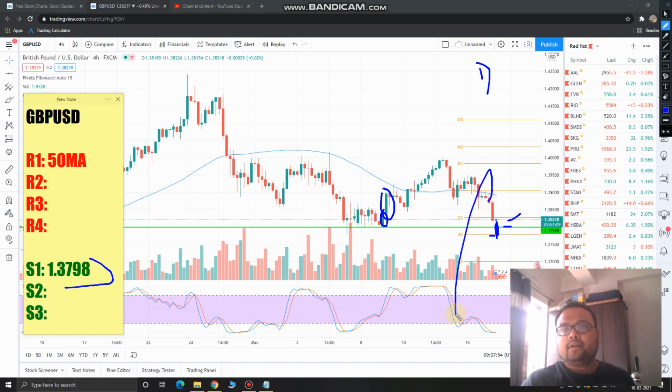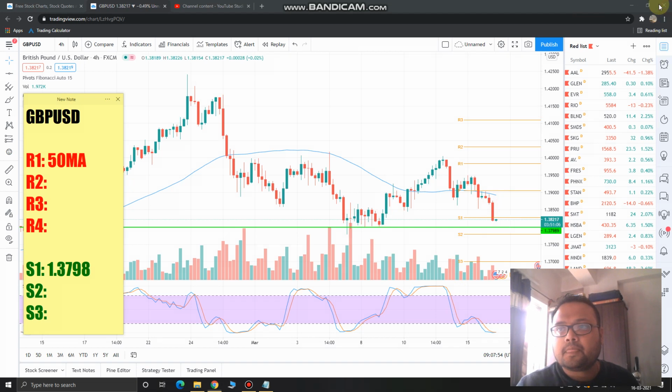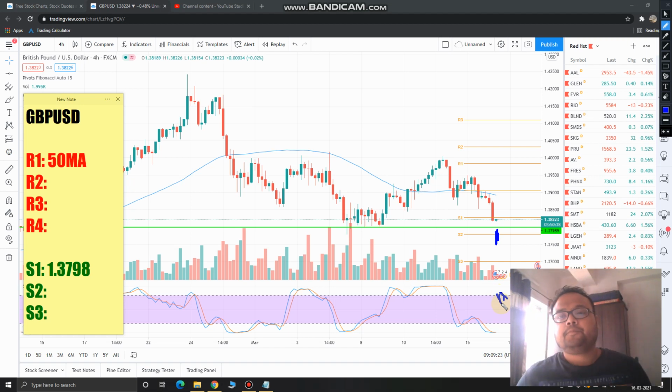Or at least wait for the market or stochastic RSI. So when market will be below this line, wait for the stochastic RSI to be in the overbought zone. When stochastic RSI will be in overbought zone and it will be ready to go down again, then you can short the market. Okay, that will be a safe position to short the market.